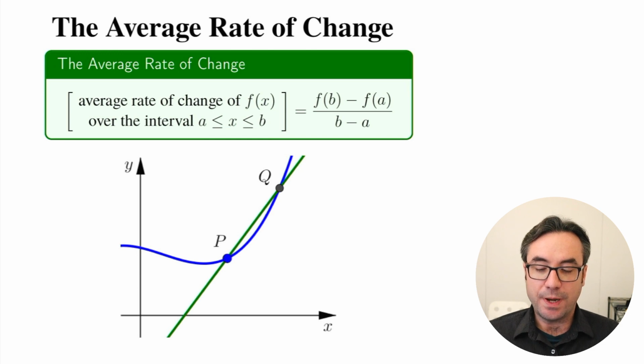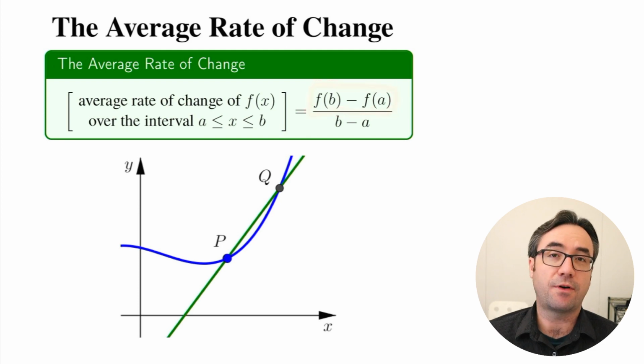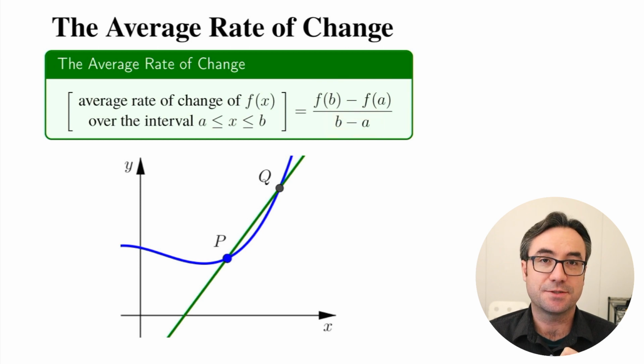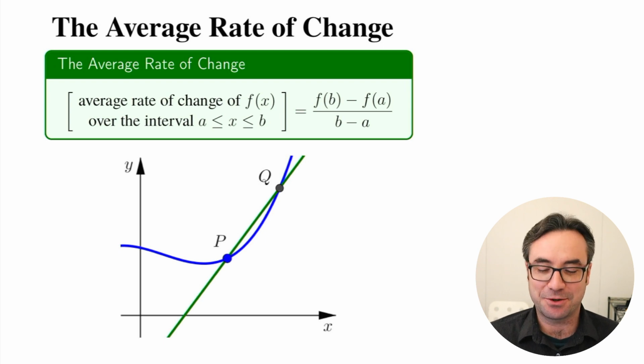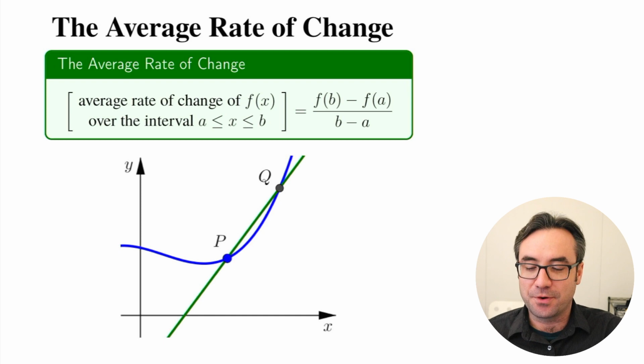And the way we define this average rate of change is it's the change in the output of our function versus the change in our inputs. We've seen this thing a bunch of times already. We're going to keep doing it. This is our slope formula.